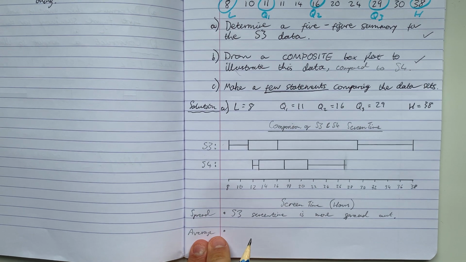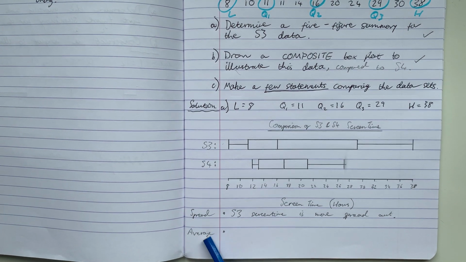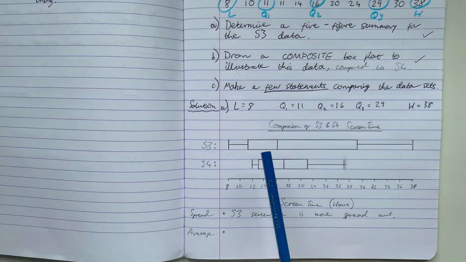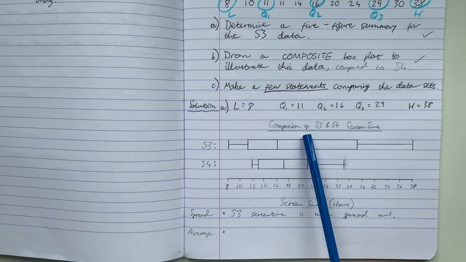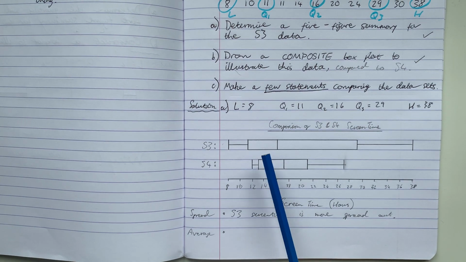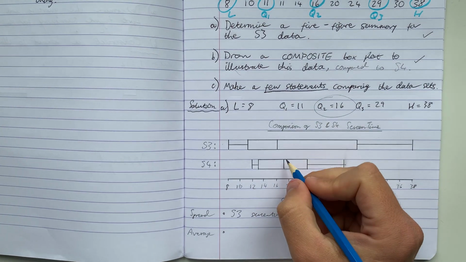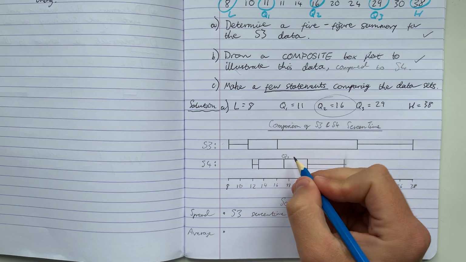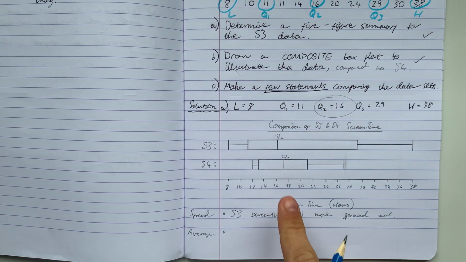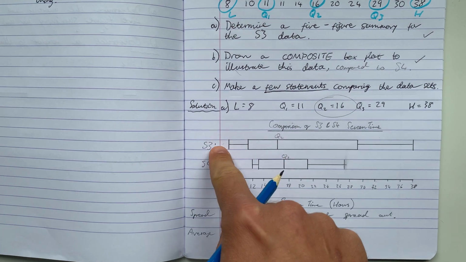And then I've got this, which has popped up again, average. The last time we talked about averages was when we talked about mean, median, and mode. And there is one of those averages which you can see on this diagram, which is the median. Remember, the median is Q2. So essentially, this bit here and this bit here, they're the two Q2s. Now, Q2 for the S4 is greater than Q2 for the S3s.